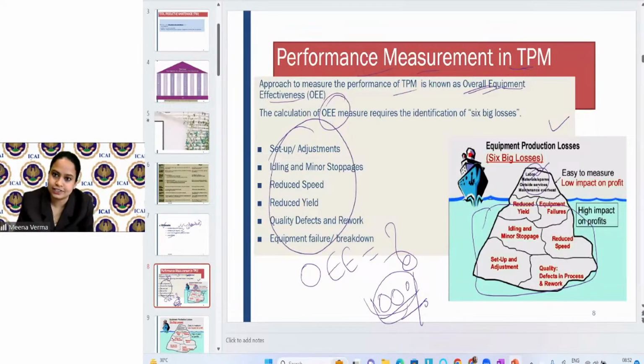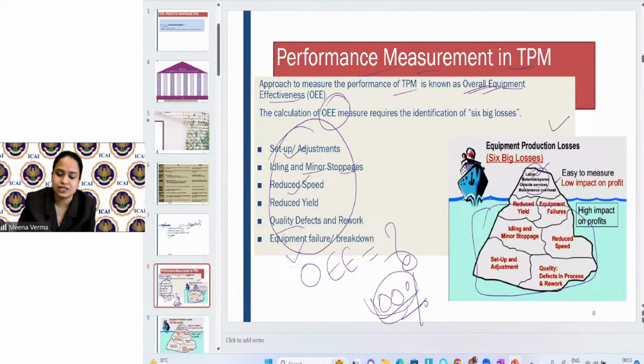Equipment failure: when a machine fails, the entire production will stop, so that is not acceptable. Quality defects, producing defective units and reworking them, are not acceptable. Reducing the speed of production is not acceptable. Idling or minor stoppages will also result in loss.